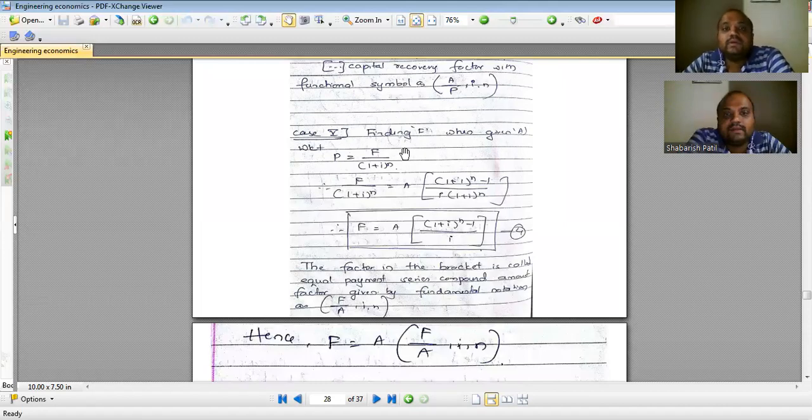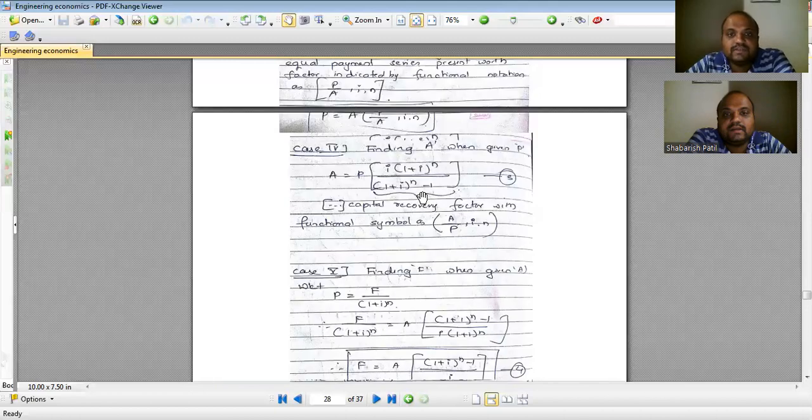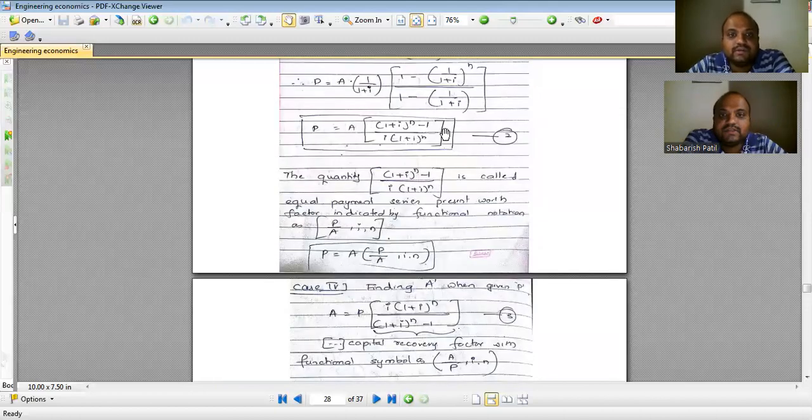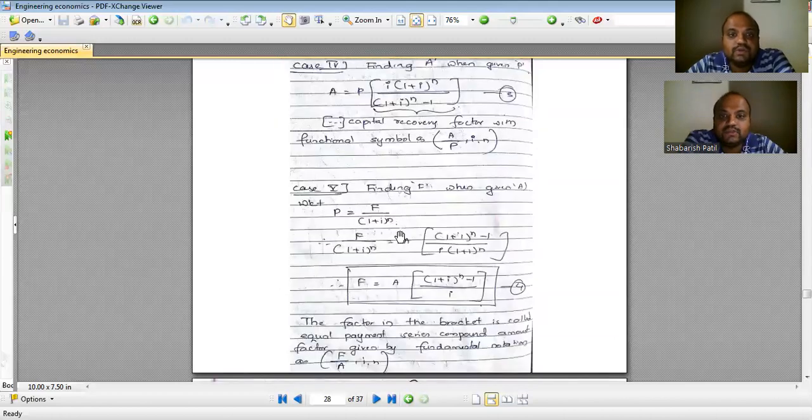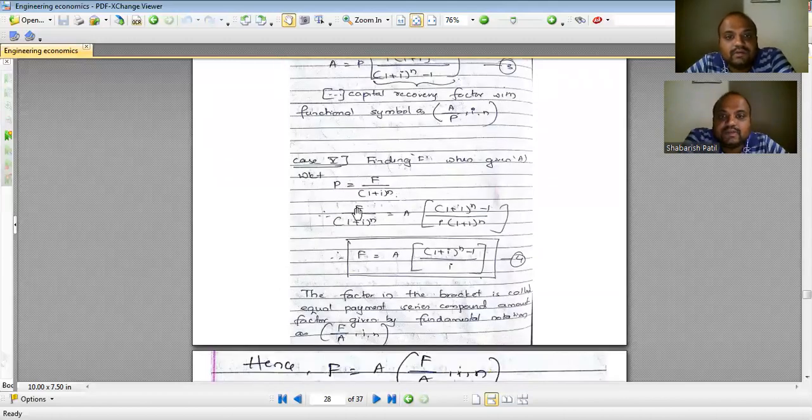Now if we want the future value when we know the A value, if we know the annuities, what will be the expression for my future value? We know that P is equal to F divided by (1 plus I) raised to n. I am using this equation 2. F divided by (1 plus I) raised to n equals A multiplied by this factor.